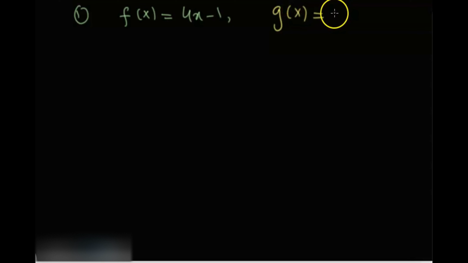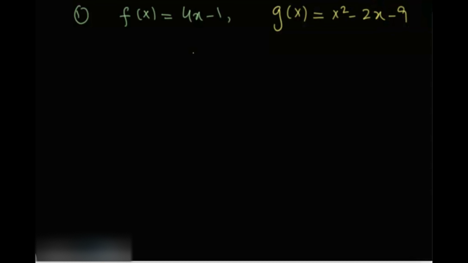First I'll do a very simple example where my f of x is equal to 4x minus 1, and another function g of x is equal to x square minus 2x minus 9.